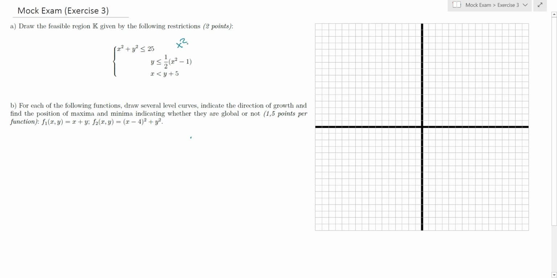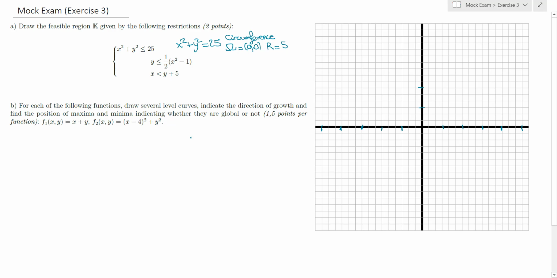So x squared plus y squared equals 25 is clearly a circumference with center at the point (0, 0) and radius equal to the square root of 25, which is 5. So that one is rather easy. Let's mark 3, 4, 5, 1, 2, 3, 4, 5.